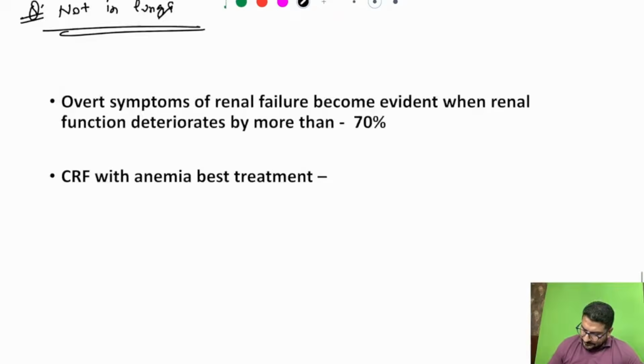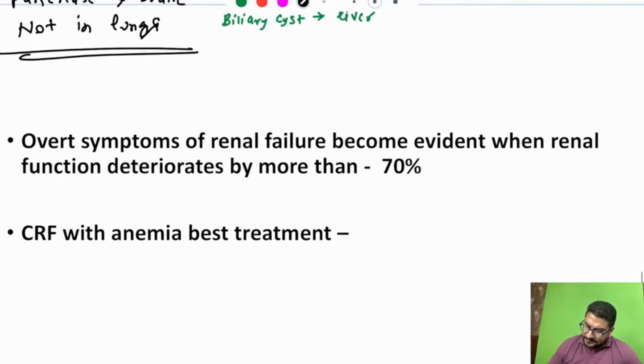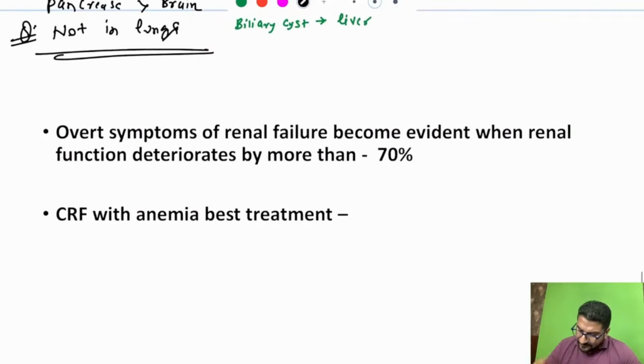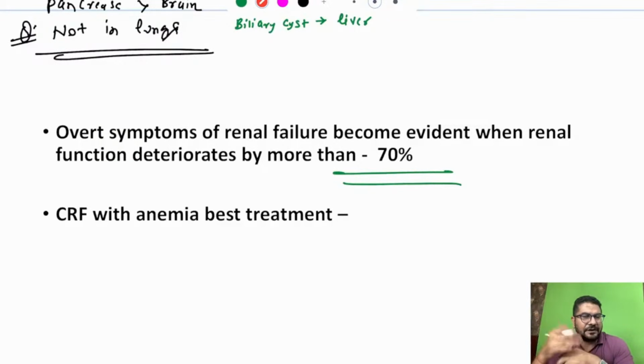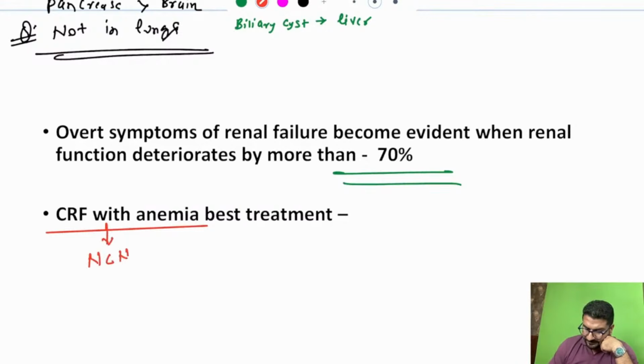CKD means they ask you a different question in the exam. So let's say overt symptoms of kidney failure will begin when kidney function deteriorates by more than 70%. If more than 70% of the kidney is damaged, then you will see a lot of symptoms. Now they ask this question again and again, like a CRF patient is there and anemia is also occurring. So understand this thing. In kidney disease the patient will develop normocytic normochromic anemia. So how will you treat this anemia?